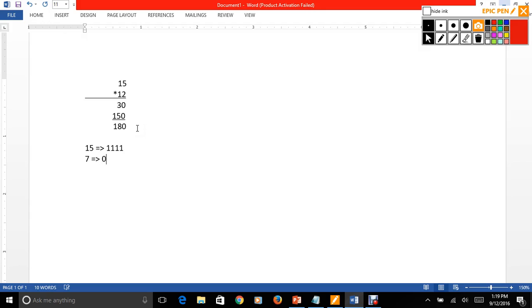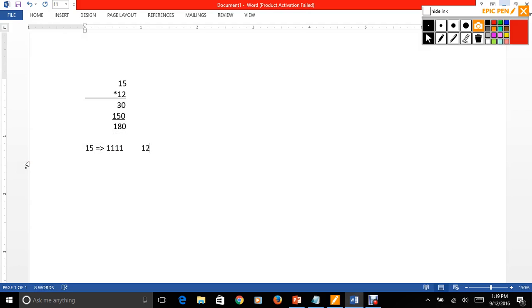So it becomes 0, 1, 1, 1. What's 3? 0, 0, 1, 1. Stick to the same algorithm. What's 3? 4 minus 1, very good, right? So that just becomes 3, and 4 is 0, 1, 0, 0. So you just subtract, it's 0, 0, 1, 1. And then 1, of course, is just 2 minus 1, which is 1, right? So we have 15, which is 1, 1, 1, 1.